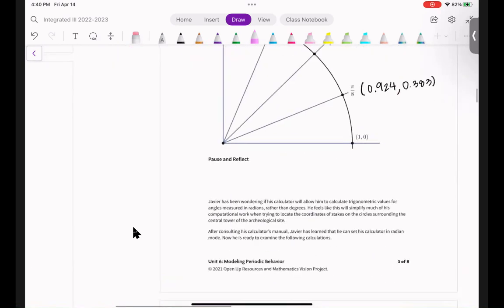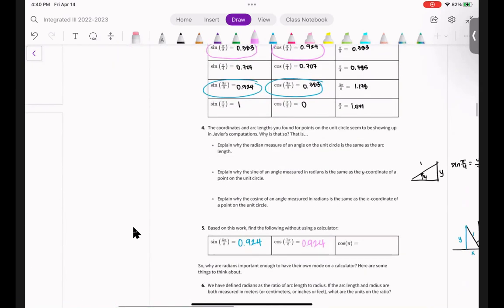So I'm going to change this sign to be negative. Okay, so write yourself a little note while you're doing this. I would write something like, this is the same as cosine of pi over 8, except negative. And the reason it's negative is because it's going in the negative direction.